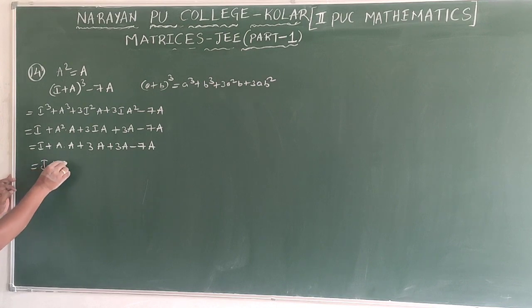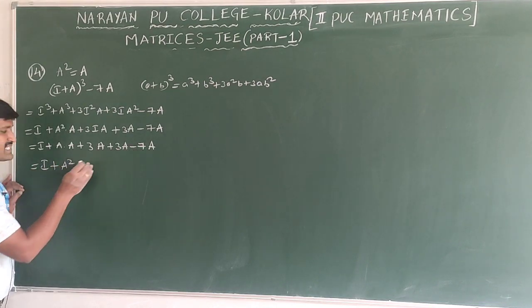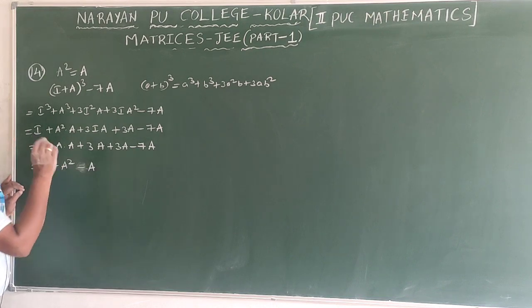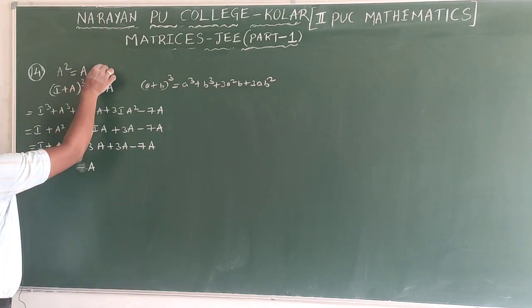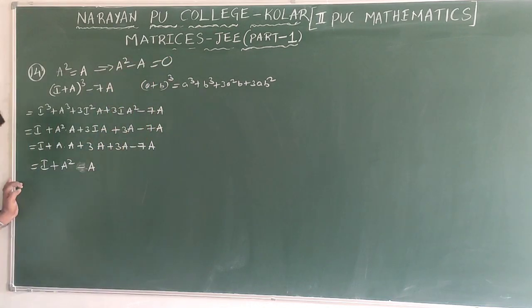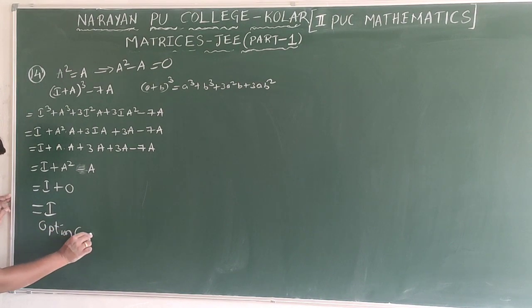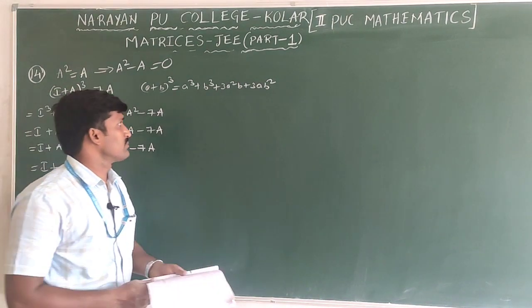I plus A square, 3A plus 3A, 6A. 6A minus 7A is A. From this what can you write? A square minus A equal to 0. That's why I plus 0, what is the value? I, which means which option? Option C. Option C is the correct one.